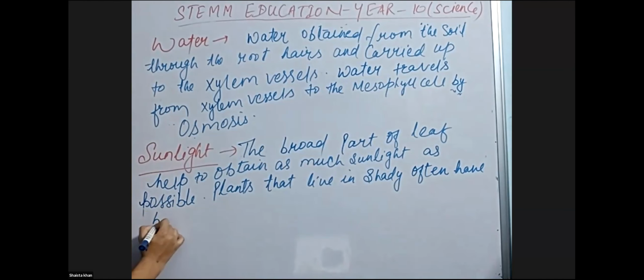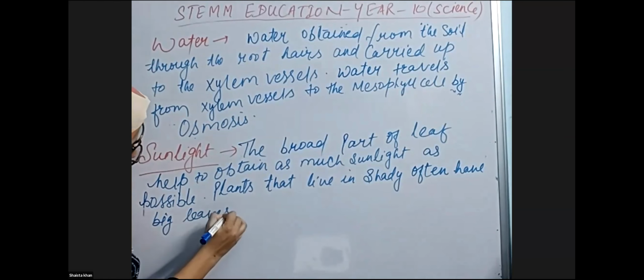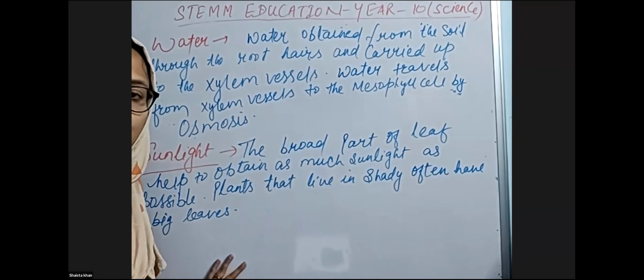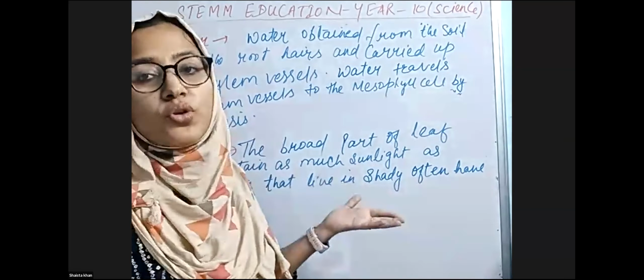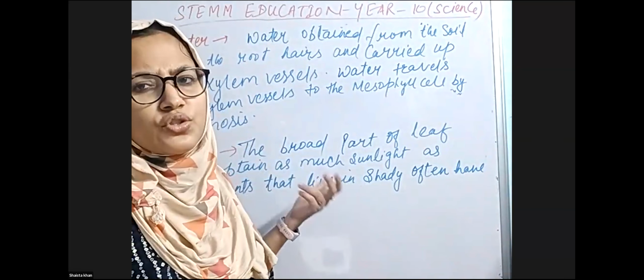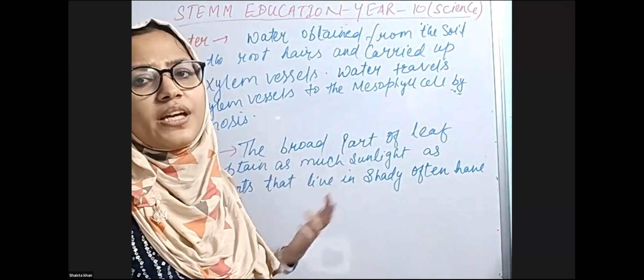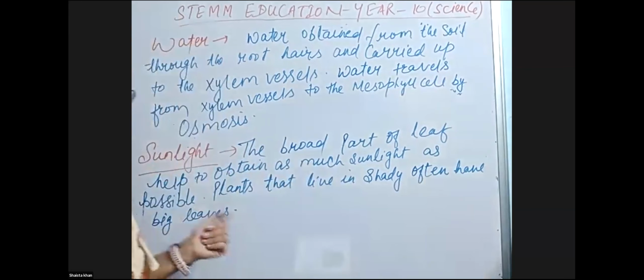Why does it happen? Big leaves, so that they can receive more and more sunlight to perform photosynthesis, so that they can make their food. All right?